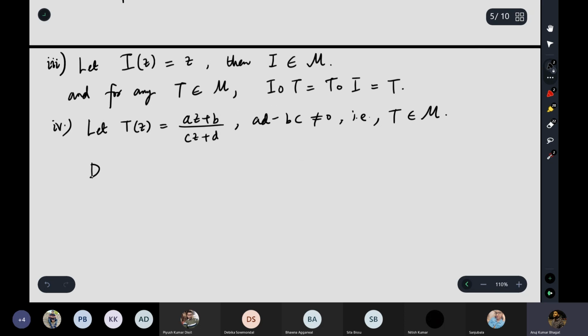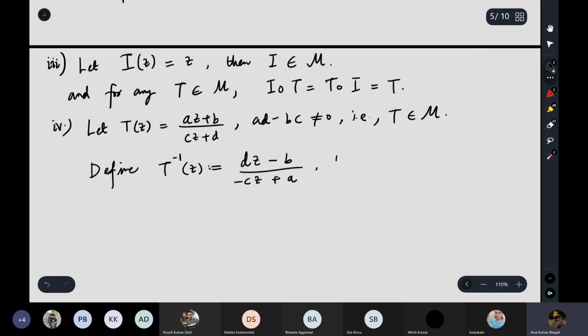So define, this is just a symbol, T inverse (z) like this: (Dz minus B) by (minus Cz plus A).